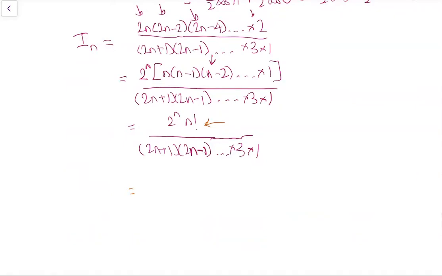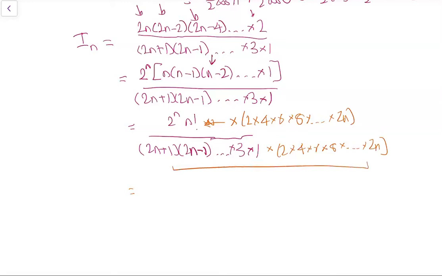What I'll do is multiply the numerator and denominator by 2 times 4 times 6 times 8 times all the even numbers up to 2n. The reason this is good is because now the denominator is a product of all the numbers from 1 to 2n plus 1. So the denominator is now 2n plus 1 factorial.